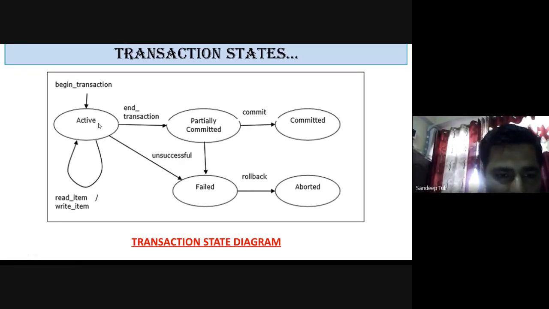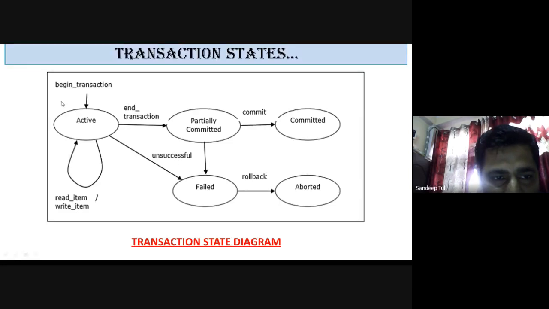Now once the transaction ends, that is, when the last statement of the transaction has executed but not the commit statement. In my example, the first statement was begin transaction and the 8th statement was the commit statement. You can correlate that example with this diagram.